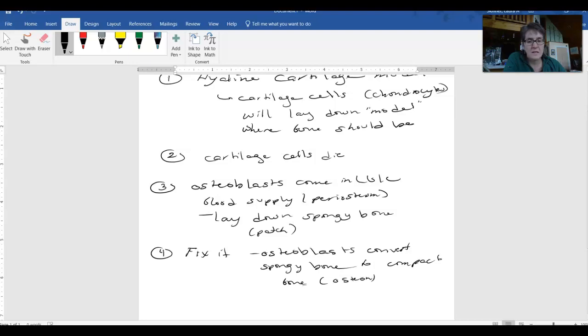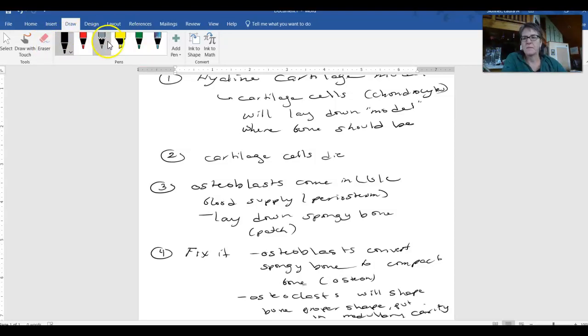And I will have osteoclast activity, because osteoclasts will shape the bone into the proper shape and put in cavities, where there needs to be a medullary cavity. So this is the basis of any and all bone formation.